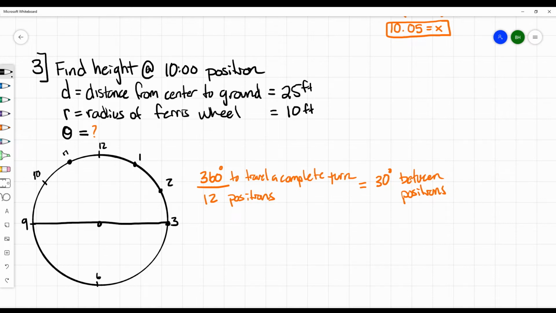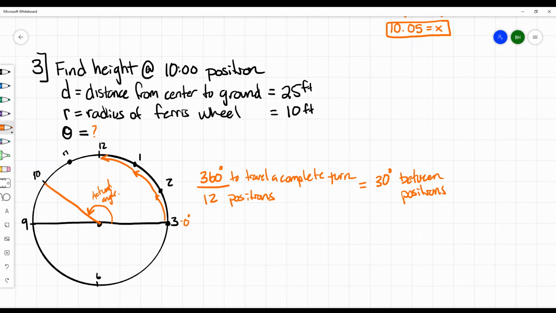But if we go ahead and we take a look at this, the 3 o'clock position will have a value of 0 degrees. That's where we're starting. Now, if we were to go straight to the 10 o'clock position and identify this complete actual angle, we'll see that we traveled one set of 30 degrees, two sets of 30 degrees, three sets of 30 degrees.